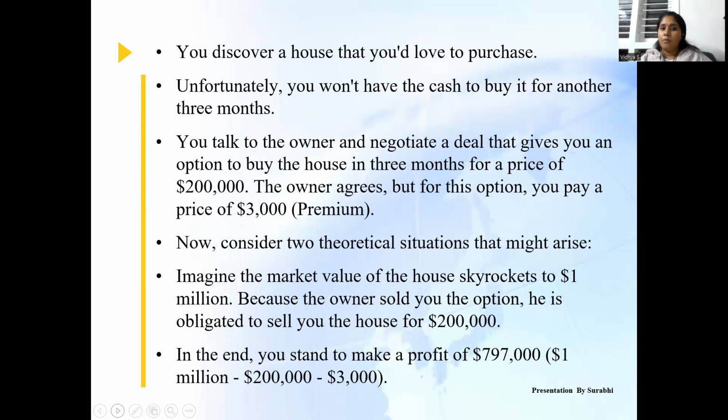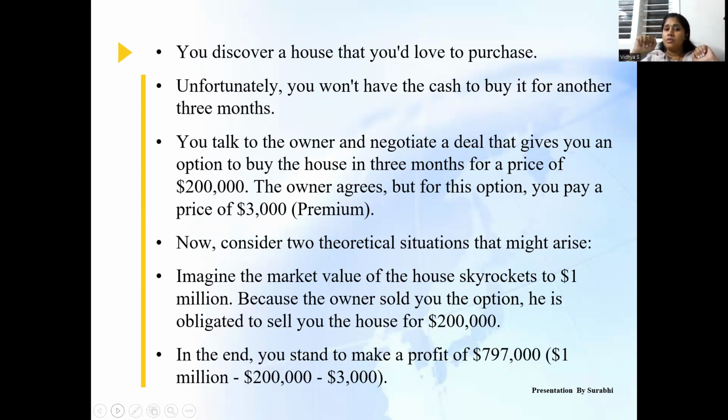Next comes your option. You generally know that for one question you have A, B, C as options. How do you take one out of it? The same thing arises in this also. Say you discover a house. This is the situation we are given for options.